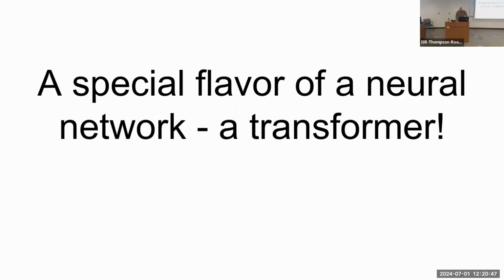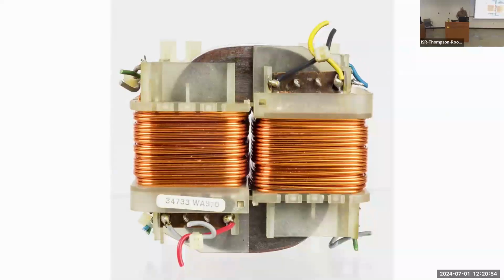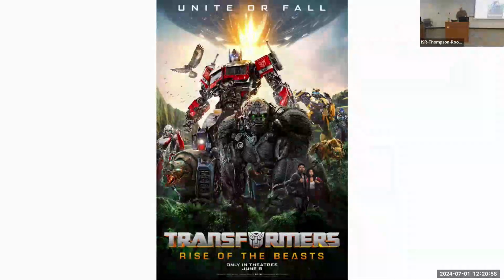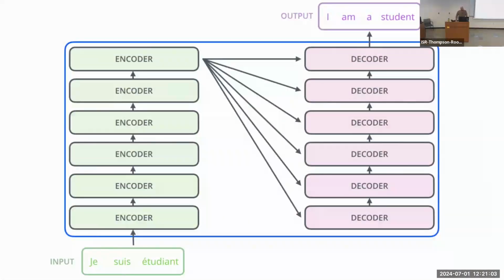GPT is a special flavor of a neural network. It is a transformer. And transformers, not like this transformer, also not like this transformer, but more like this transformer. So you have an input, in this case, the French sentence.